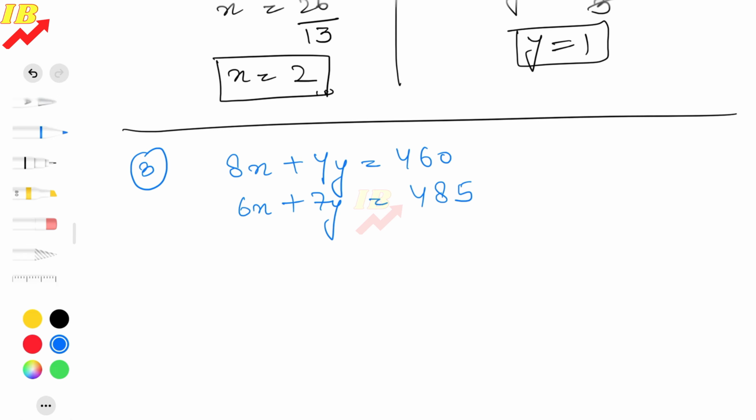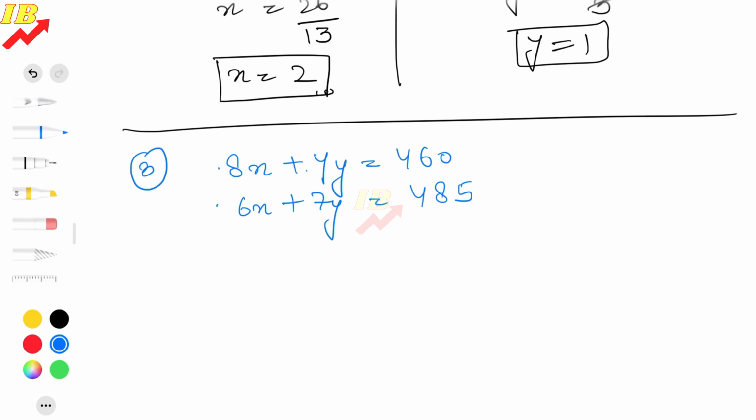So the first step is to make the coefficient positive, and the second step is also not valid here, right? Not valid in the sense that we can easily check that these are not giving you the opposite sign, because both x are positive and both y's are positive here, right? So firstly you need to decide which one you want to cancel out, which one you want to eliminate.